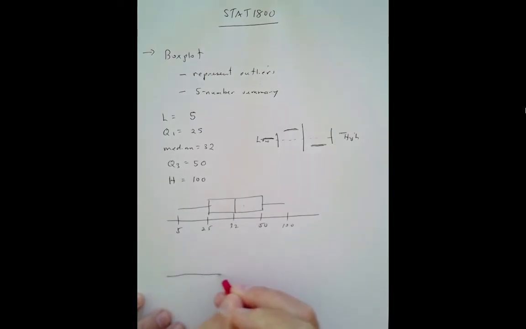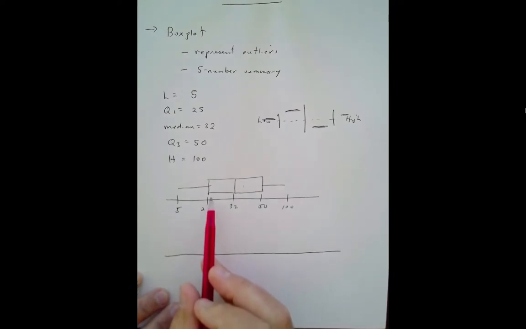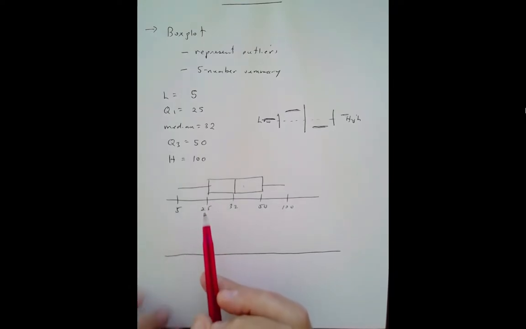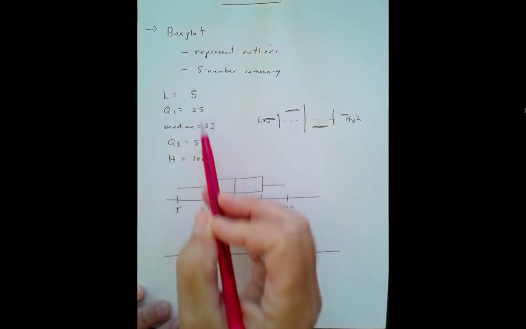So guys, what you should do when drawing a box plot by hand, and we won't do that much anyway, is set up your axis according to the small number and the high number.